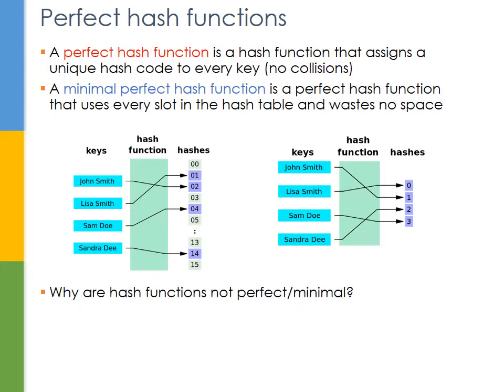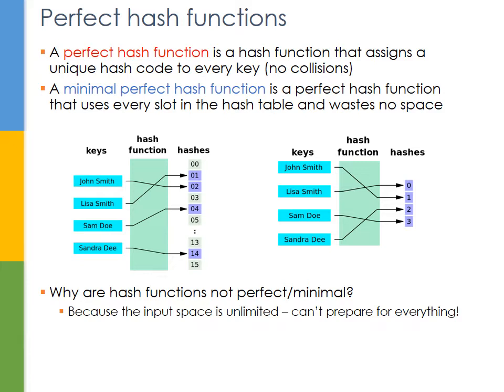Why do we not always go for a minimal perfect hash? Well, basically because it's too hard. As we have discussed in a previous lecture, hash function takes this infinite input space of all possible names, all possible student numbers, all possible telephone numbers, whatever the case might be, and it tries to fit this infinite, unbounded input space to a hash table of a very restricted size.